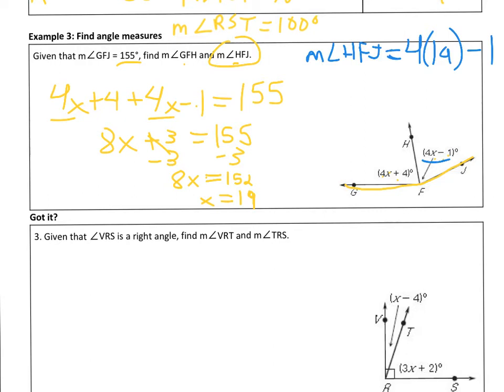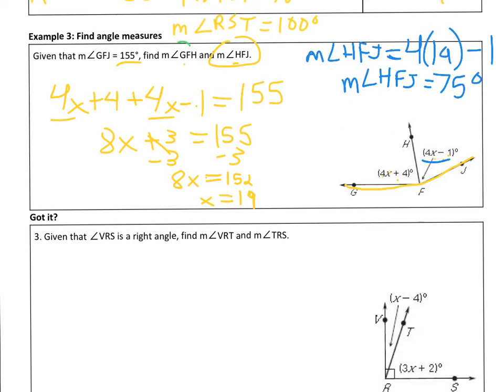It equals 4 times 19 minus 1. So 4 times 19 is 76, minus 1. HFJ is 75, okay?